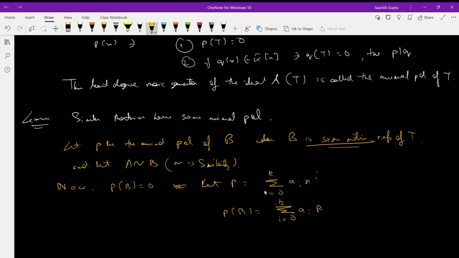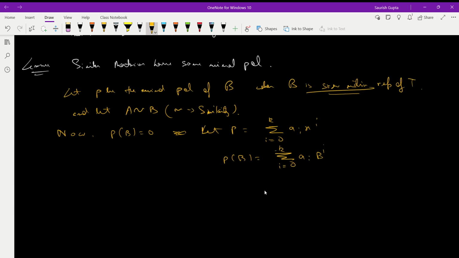Now p of B is 0, right? So let p be of the form the sum of a_i x^i, i equals 0 to k. Then p of B is of the form the summation over i equals 0 to k of a_i B^i, where B^0 is the identity matrix, right?